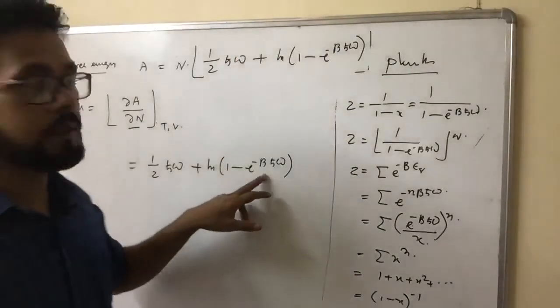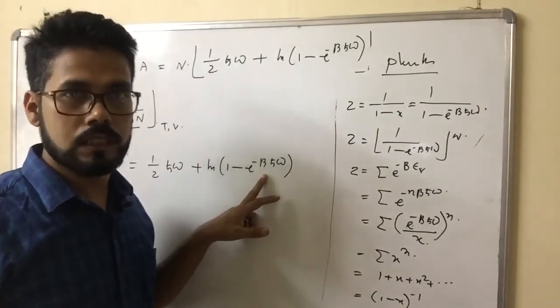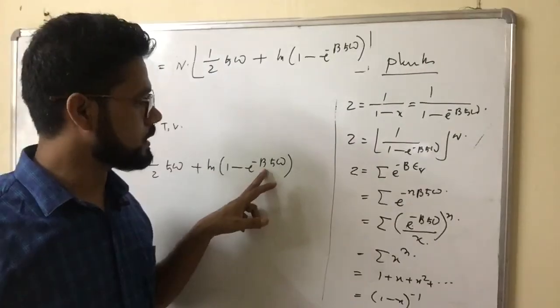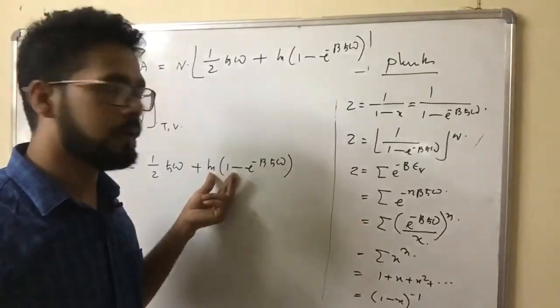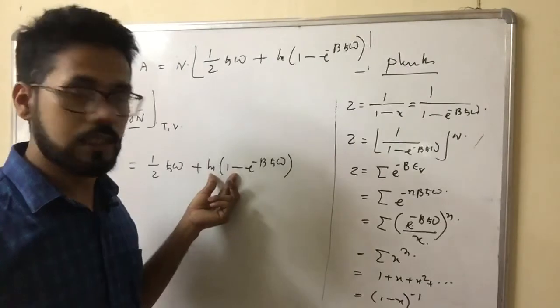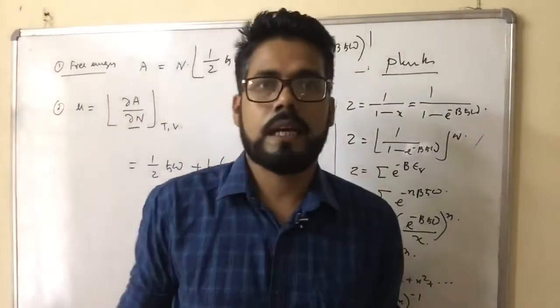Now, if beta tends to infinity, meaning temperature tends to 0, then e to the power minus infinity equals 0, so ln 1 equals 0. So it is equal to half h cos omega. Now a question may arise.